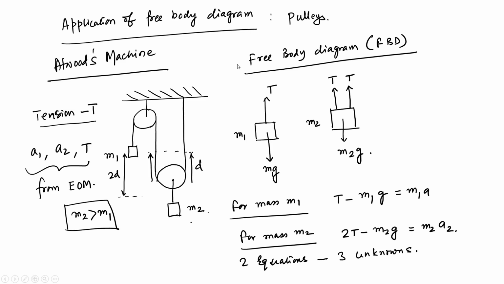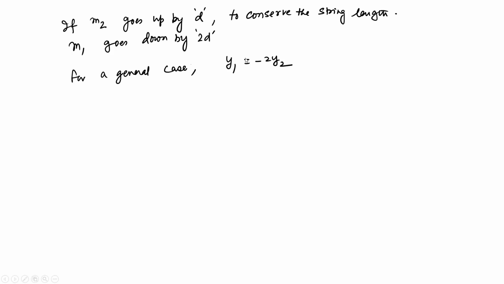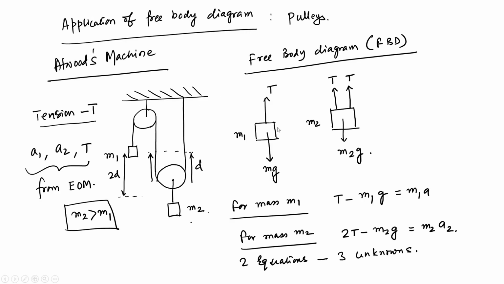Either you take m1 going down and m2 going up, or m1 going up and m2 going down, but the relationship between the displacements will be that m1 has a displacement twice that of m2 and in the opposite direction. That tells you the accelerations of the two objects are in opposite directions. So, this is another equation that you have in addition to these 1, 2 and 3.